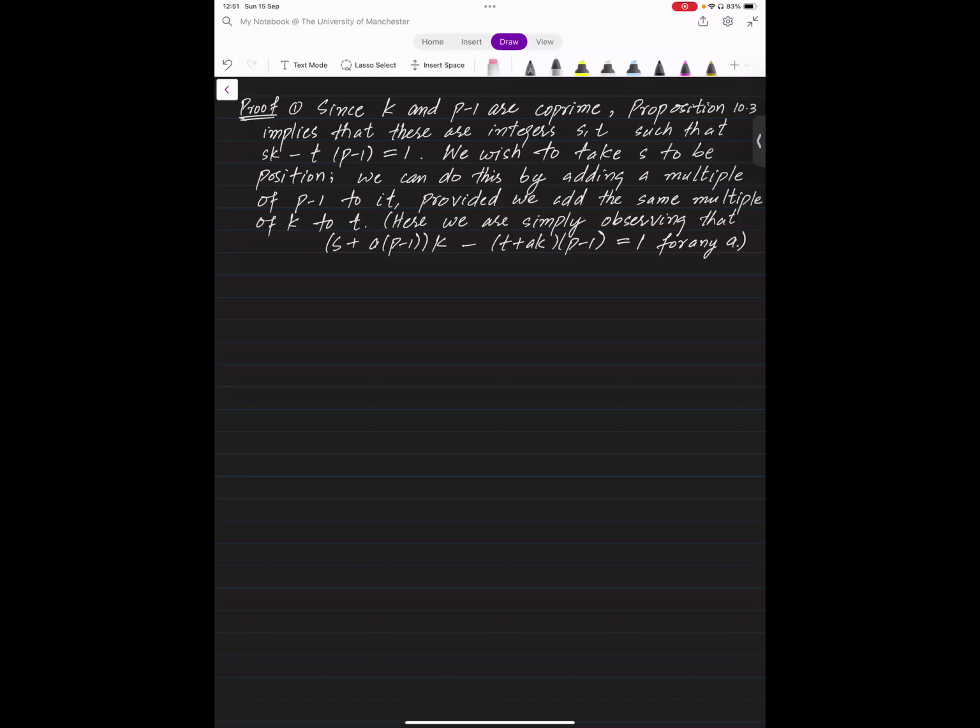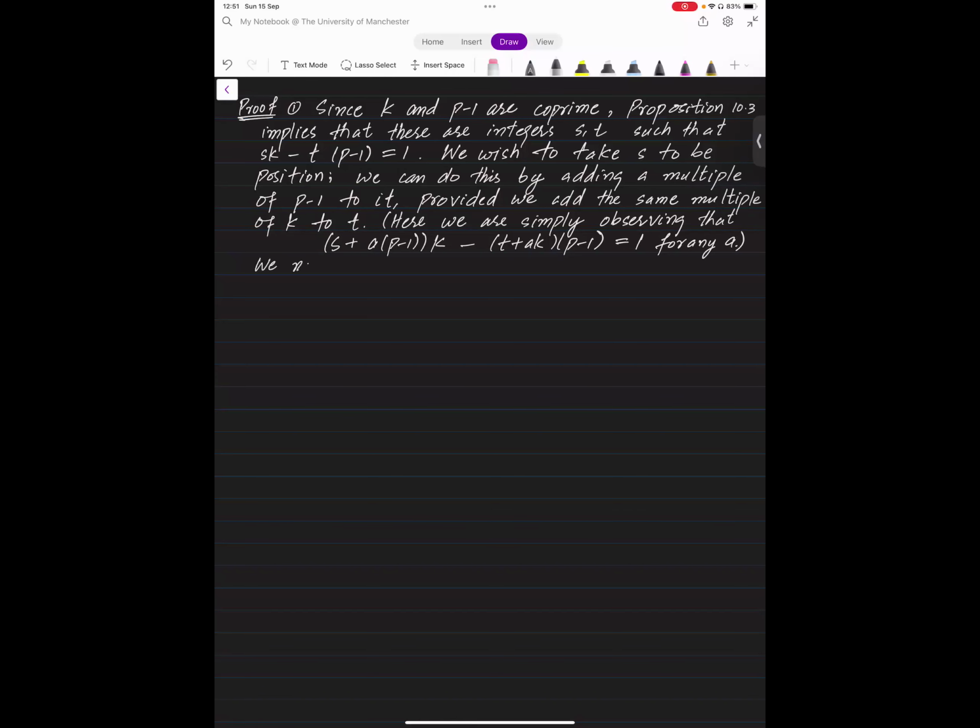Now we have sk is 1 plus t into p minus 1, which is congruent to 1 mod p minus 1, with s positive, proving 1.